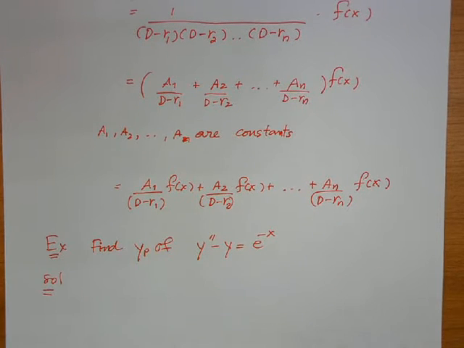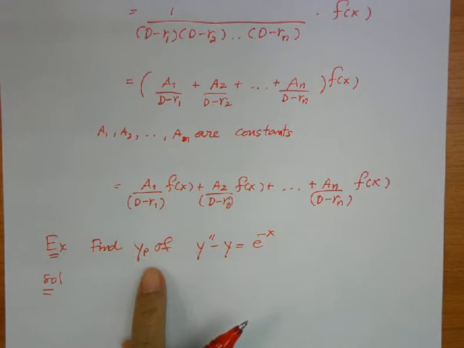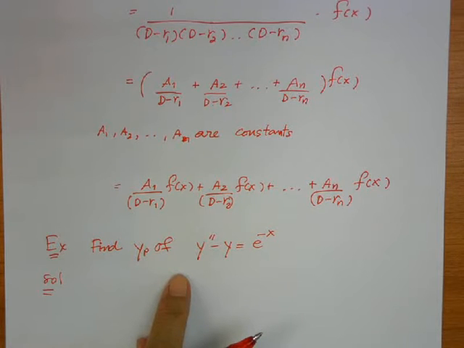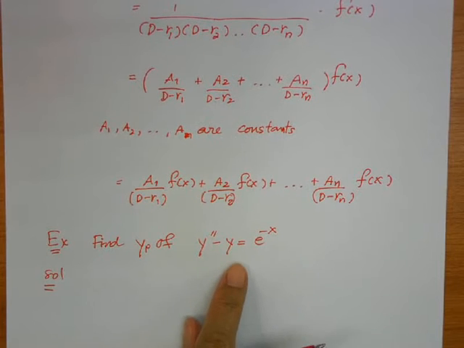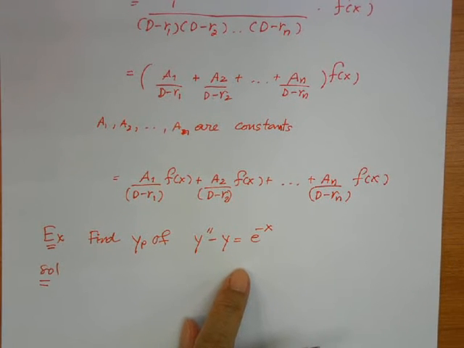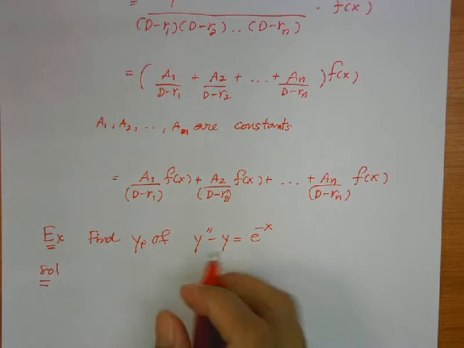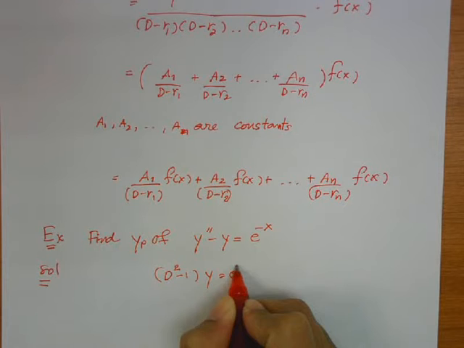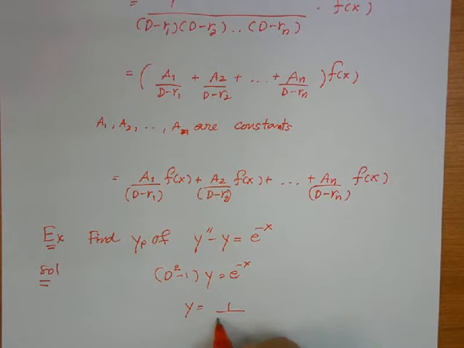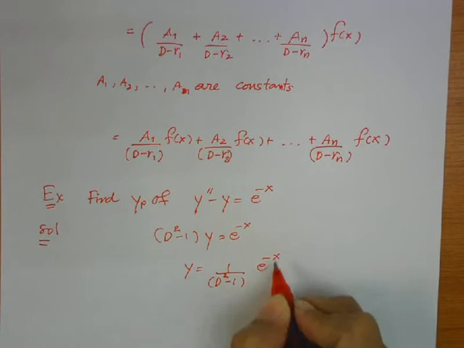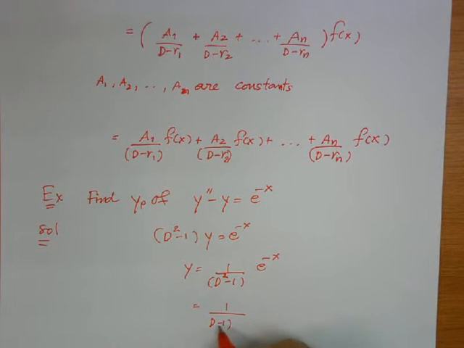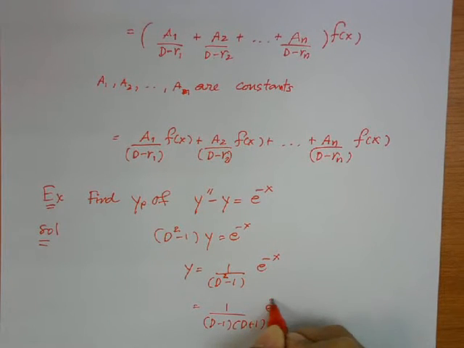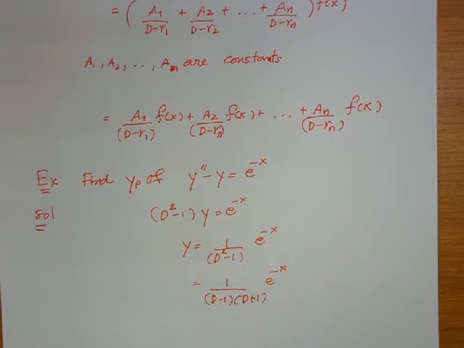Now, to find yp by using the partial fraction integration, we have to write out our differential equation in terms of the operator. So we get, which is exactly the same as the previous example, right?